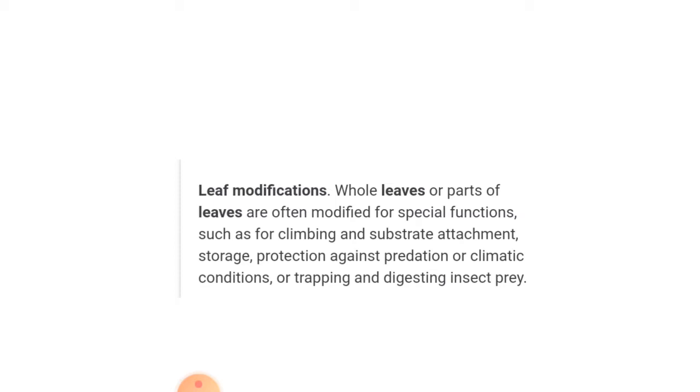There are some special modifications in plants, such as climbing, substrate attachment, storage, protection against predation or climatic conditions, or digesting insects as prey. All such changes in leaves are known as leaf modification.